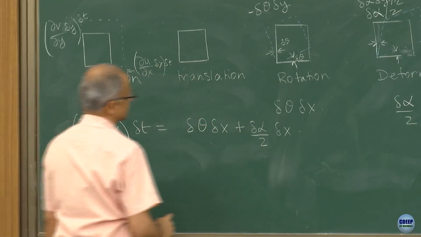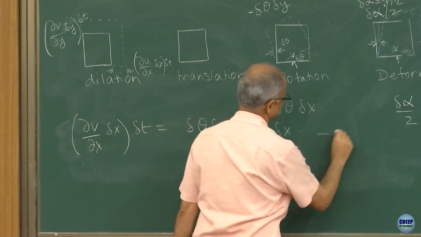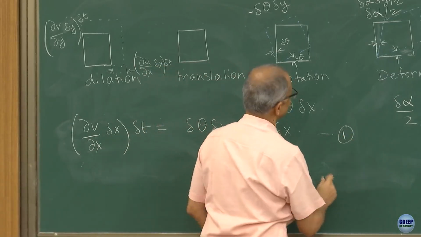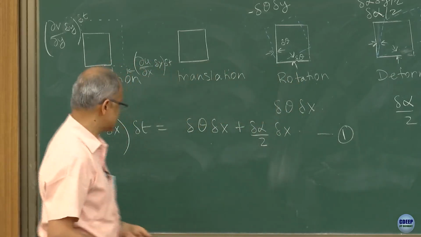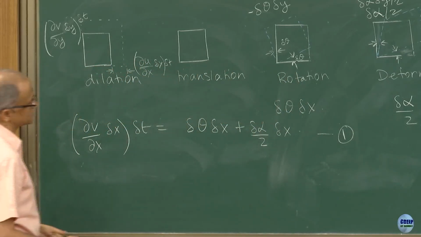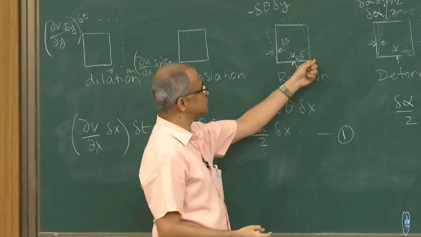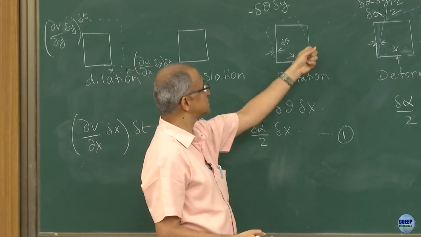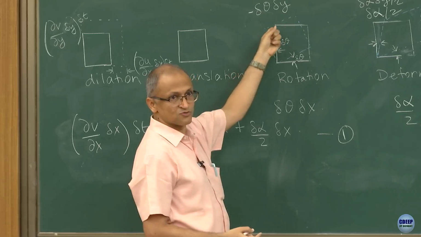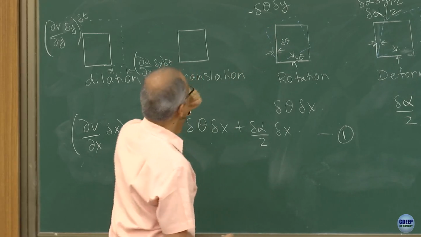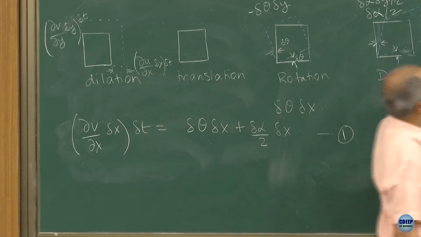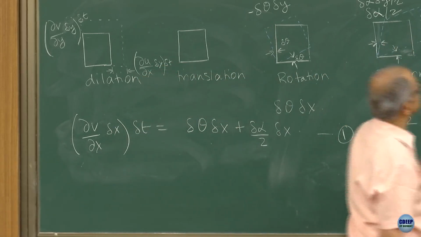So this is one equation that we have gotten, because you can see that there are two unknowns, theta and alpha. I need to write out two equations. So this is the first equation that I have gotten, which corresponds to the movement of point B along the y direction. Similarly, I can find out the movement of point D along the x direction now, and what is remaining is this term here, which has not been ticked.